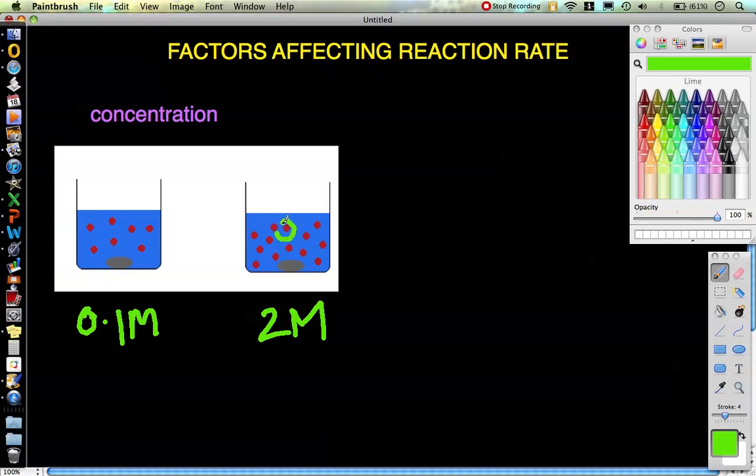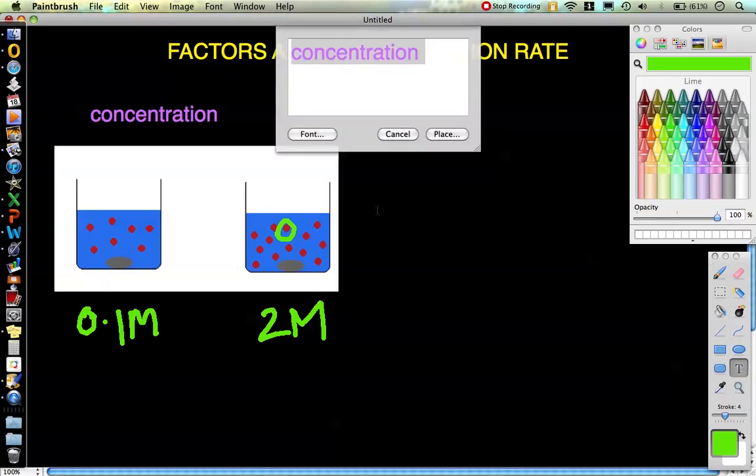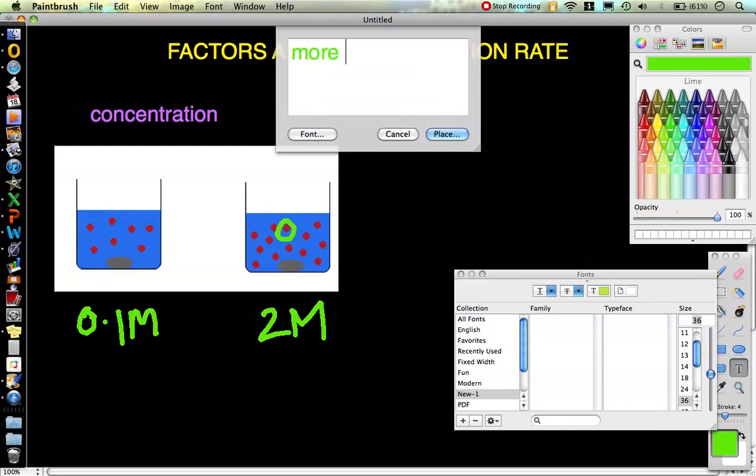So the red bit here, guys, is representing a hydrochloric acid molecule, and the same for the left hand side. You can see that in the concentrated beaker there is much more presence of those HCl molecules. So as a result of concentration, we've got more particles.